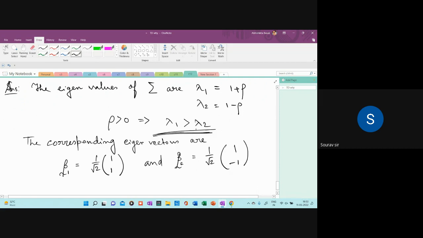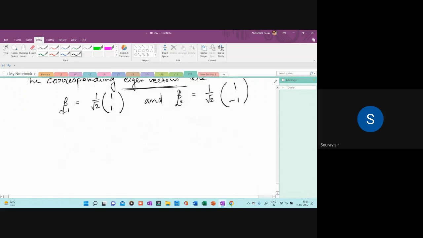These are the two eigenvectors, and these are the two eigenvalues. So we need to find the principal components. We know the formula of PC. PC1, u1, is equal to beta 1 curl transpose x curl, which gives me x1 plus x2 by root 2, and u2 is beta 2 curl transpose x curl, which gives me x1 minus x2 by root 2.